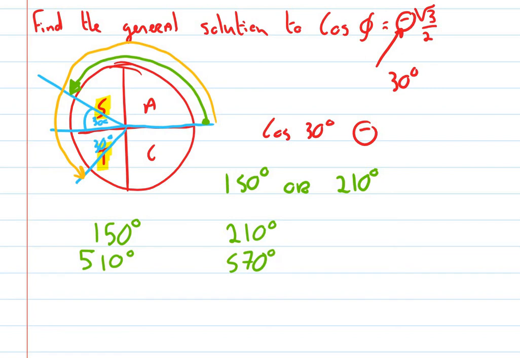Add on another 360 and we get 870 degrees, another 360, we get 930 degrees, and so on and so on. Okay, but that's the method behind it, but here's how we actually write it.